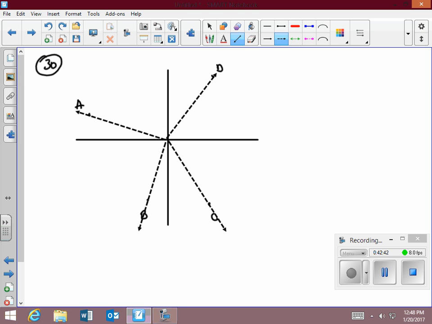This angle right here is going to be 60, and that angle right there, that's to D, right? That's 40, and then that angle B, 15.